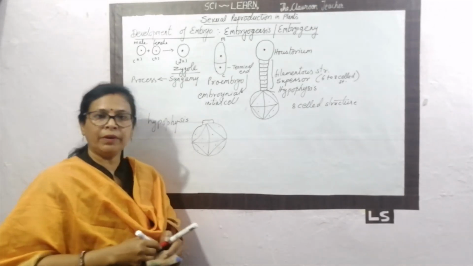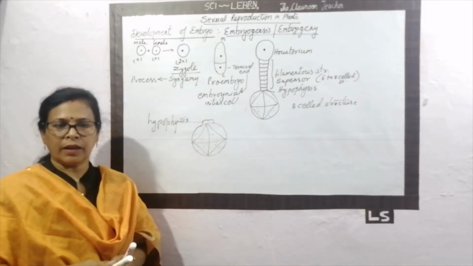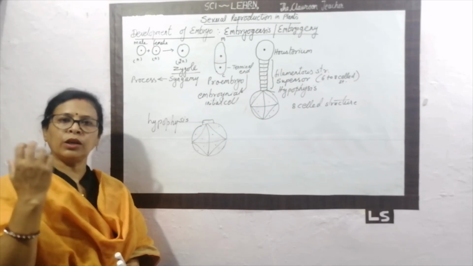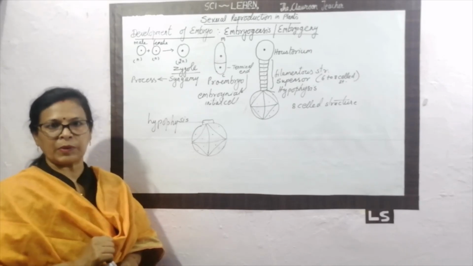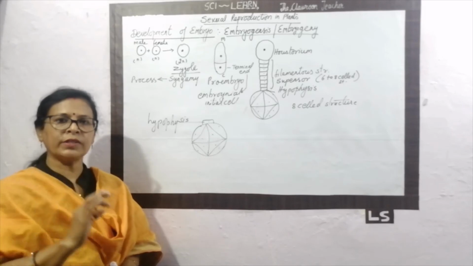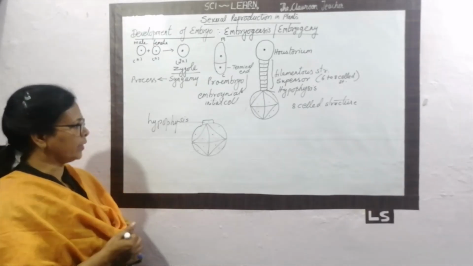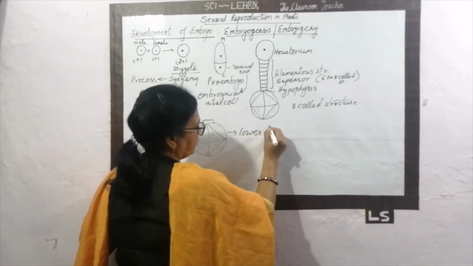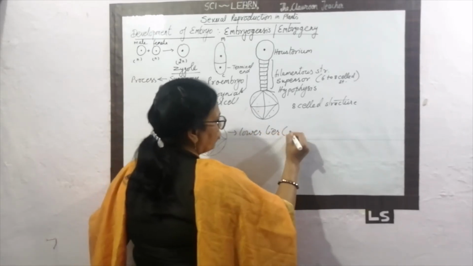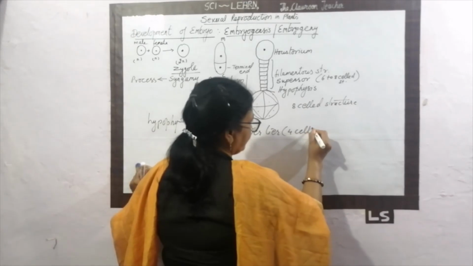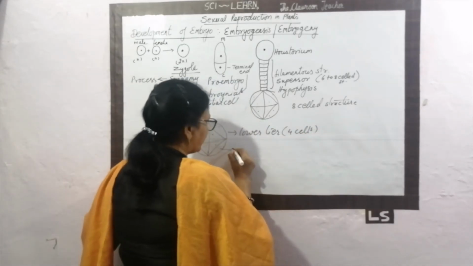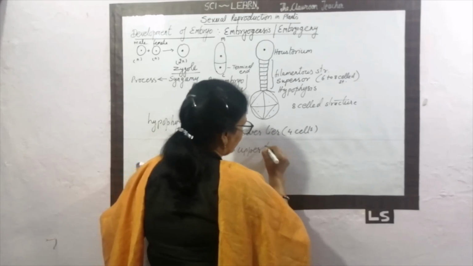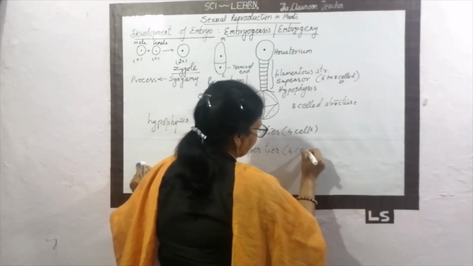Okay, what happens with these 8 cells? At this stage, they are divided into 2 parts. One is the lower tier, with 4 cells, and the other is the upper tier, which also has 4 cells.